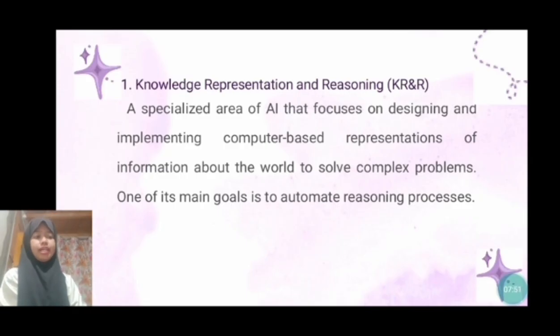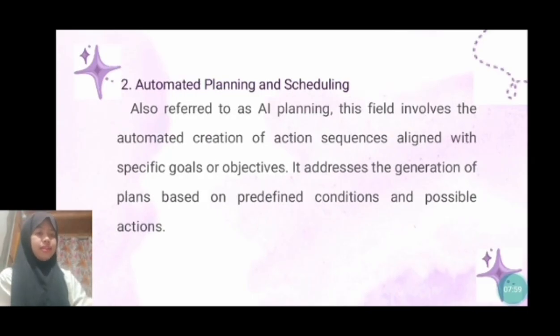KR&R is important because it helps AI systems understand real world situations. Without KR&R, AI has nothing to think about and cannot use what it knows.